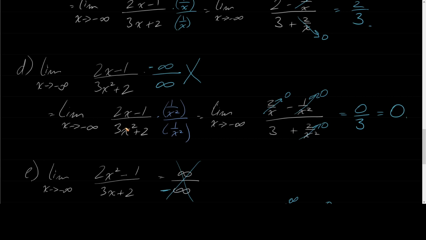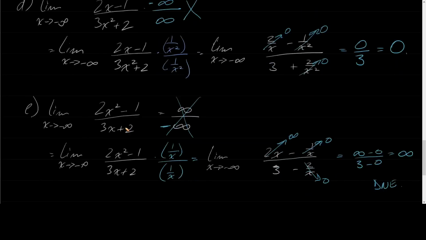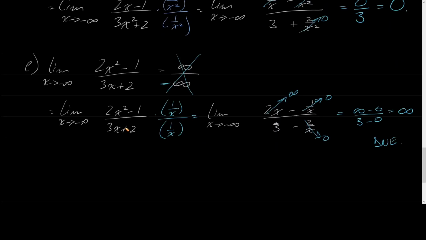In D, we end up with a horizontal asymptote of 0. In E, we end up with no horizontal asymptote because it's not an actual value. All right, that limit didn't exist. So that's something you want to keep in mind.